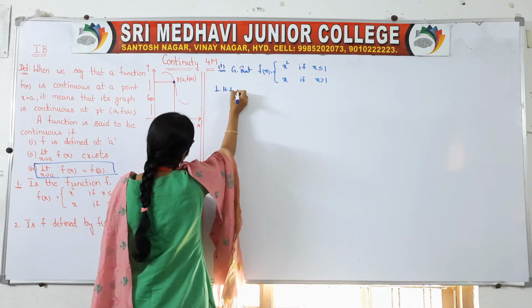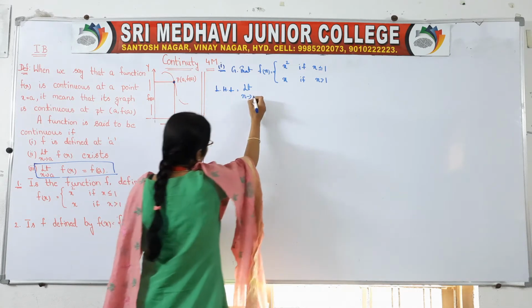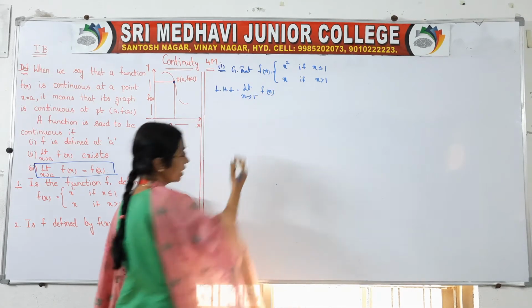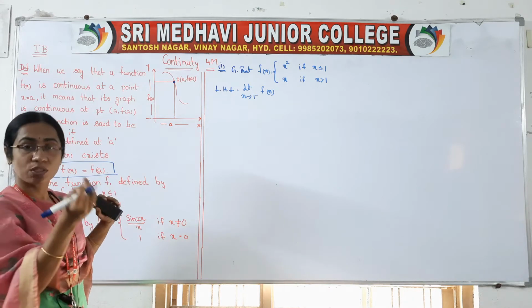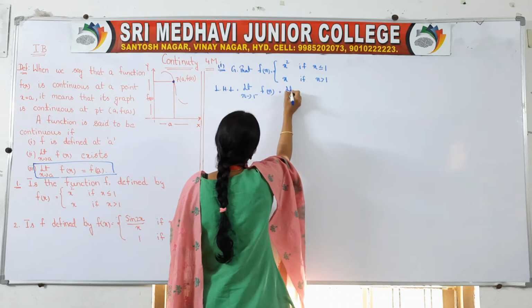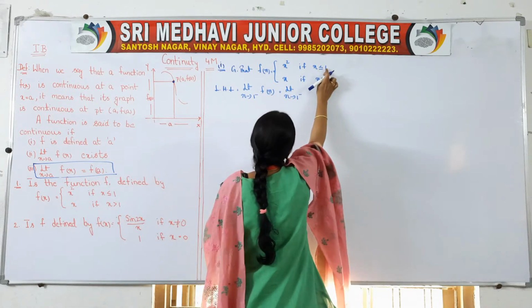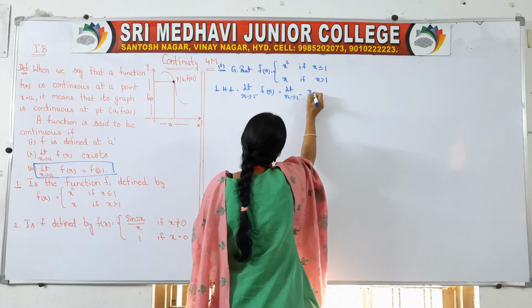Left hand limit is equal to limit x tends to 1 minus f of x. Always, left hand limit means we will write 1 minus, right hand limit means we will write 1 plus, right? So it is equal to limit x tends to 1 minus, and if x value is less than 1, the function is defined as x square.